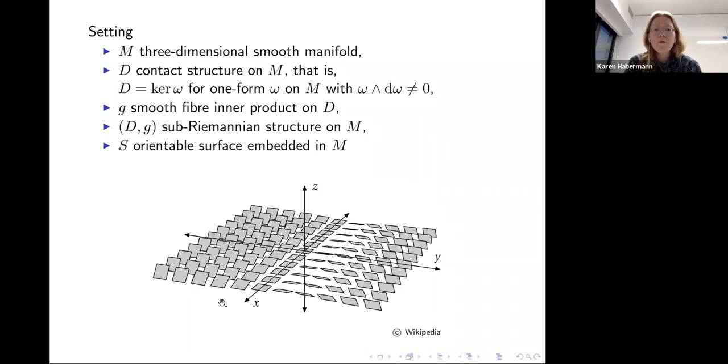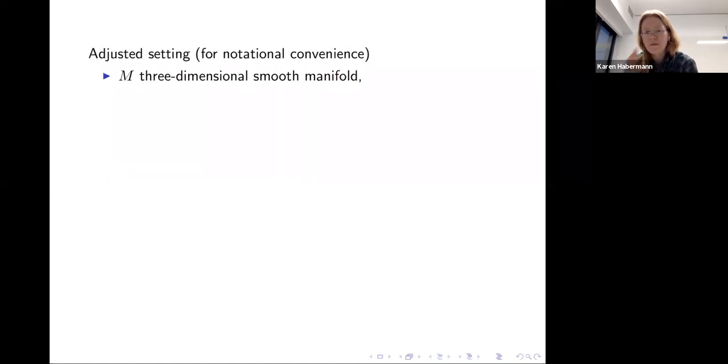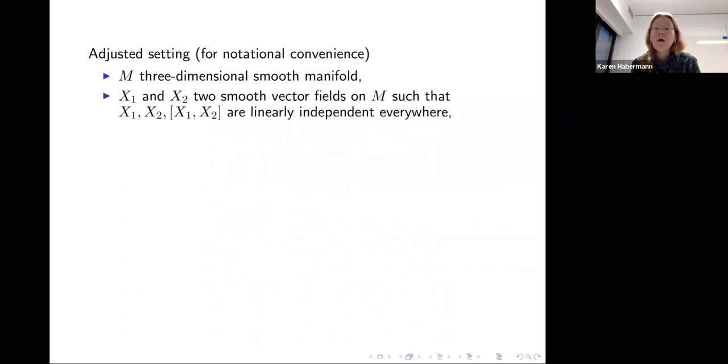But now, mostly for notational convenience, we tweak our setting slightly. What we're actually going to work with is M, still our three-dimensional smooth manifold, but now we assume that there exist two global vector fields on M, X1 and X2, such that X1, X2, and the commutator bracket of X1 and X2 are linearly independent everywhere.